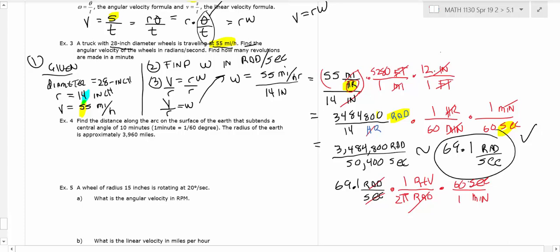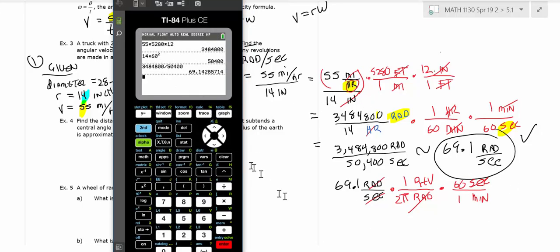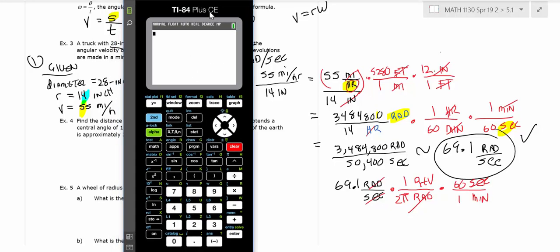Really all I'd have to do on this is do it in one step on the calculator. And this is a place where students mess up all the time, especially if you're going to be in engineering or any science. You've got to know how to calculate. So you do 69.1 times 60 and get that. Now when you divide this by 2 pi, you've got to use parentheses around 2 pi.